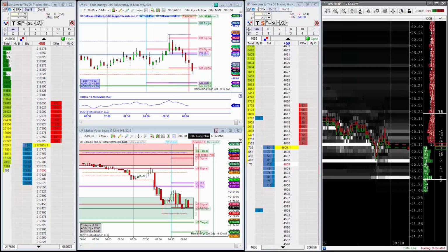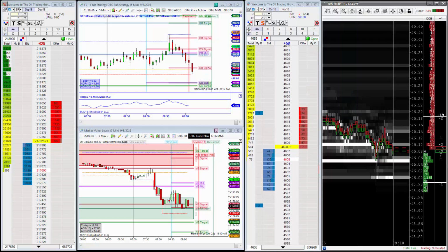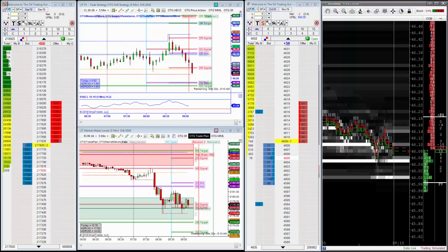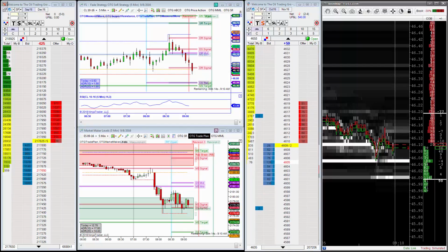Get underneath it. Targeting 94. Let's go test that low. 10, 9, 8, 7. Come on, 6, 5. You've got volume trying to form up underneath you down here.